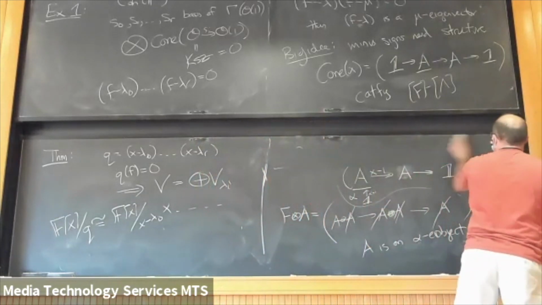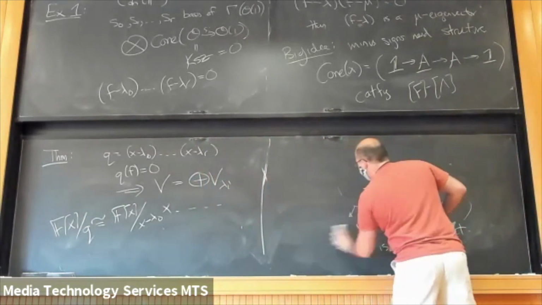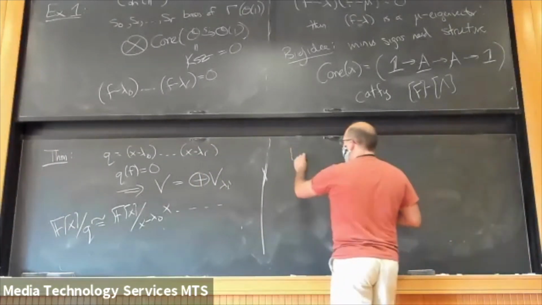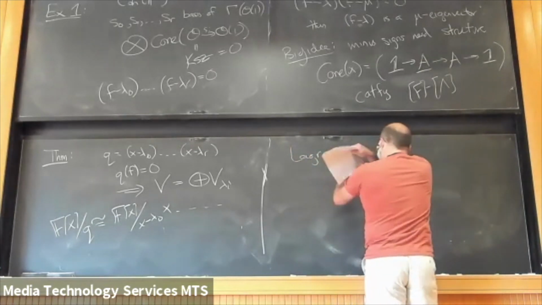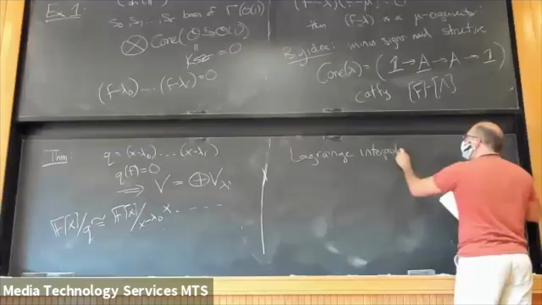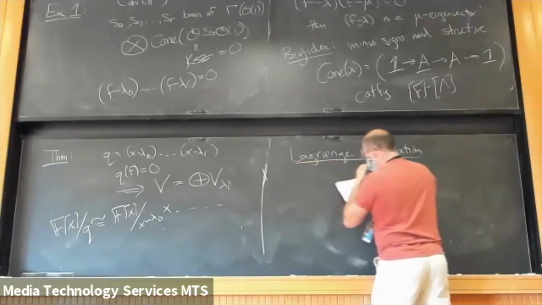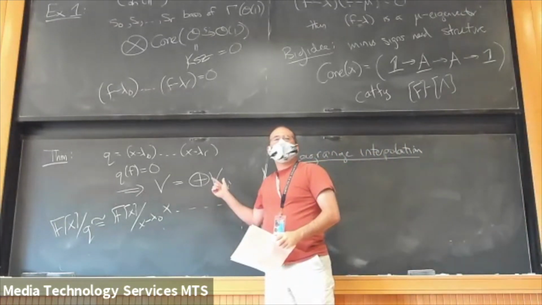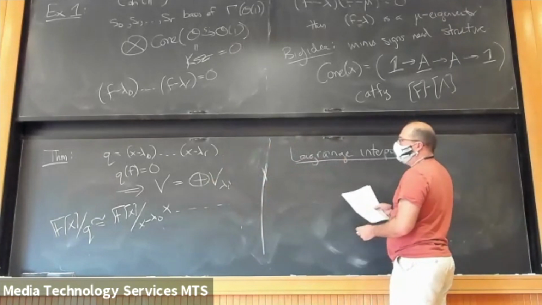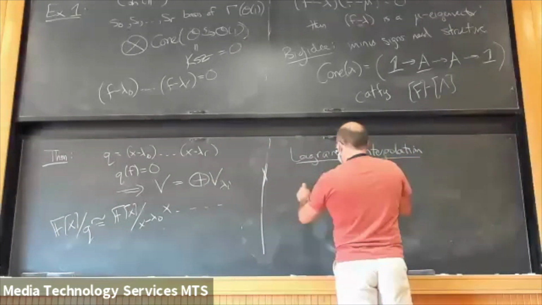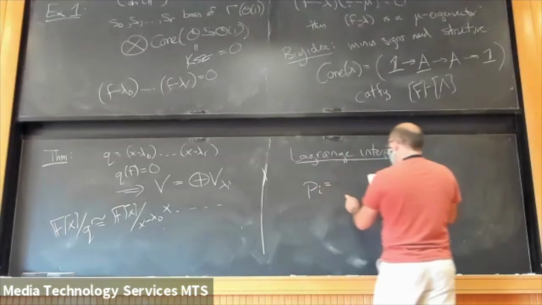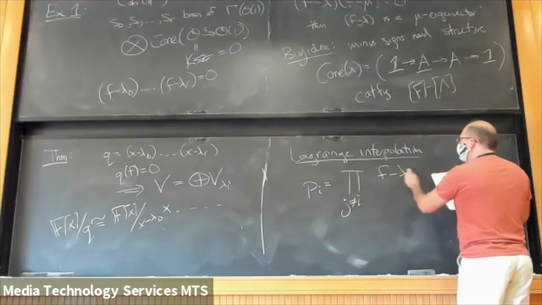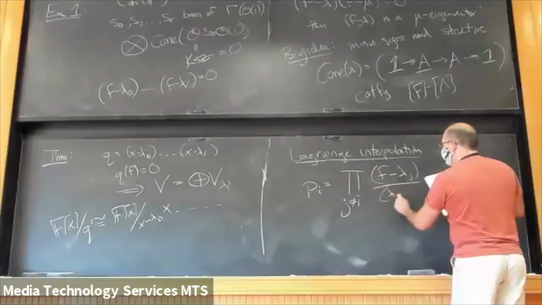I don't know, I'll say Lagrange. I mean, I don't know if it's fair to attribute anything in this classical linear algebra stuff, but there's something called Lagrange interpolation, which explicitly constructs projection to the ith eigenspace as a polynomial in x, in the operator F. So you set P_i to be the product over all the other eigenvalues of (F minus lambda j) over (lambda i minus lambda j).